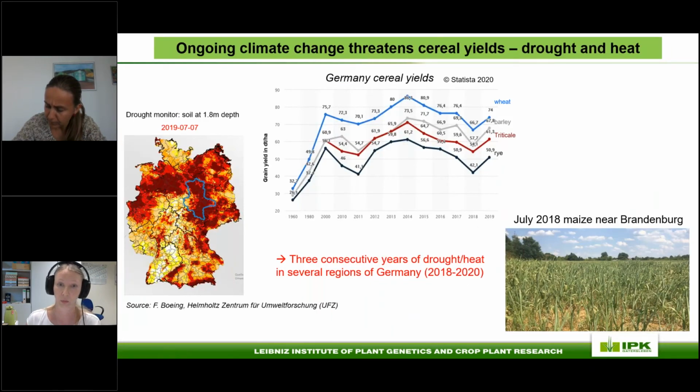And just one quick reminder why drought and heat also is such a problem for cereal and cereal breeding, or a challenge. So all the predictions by climate change predict that we also get here in Central Europe more problems with drought and heat, and we have observed that in Germany over the past 3 years by having severe drought and heat conditions in the last 3 years.